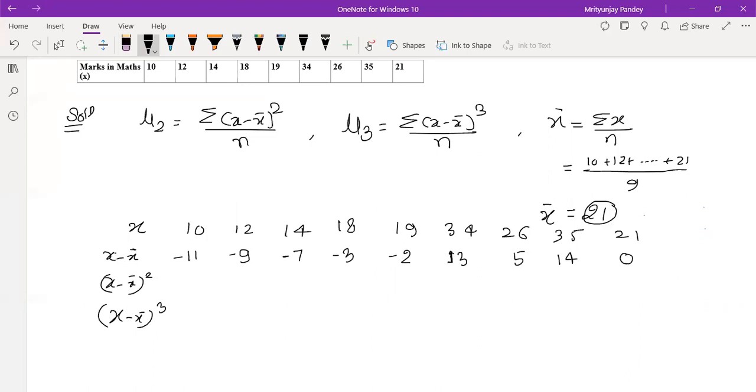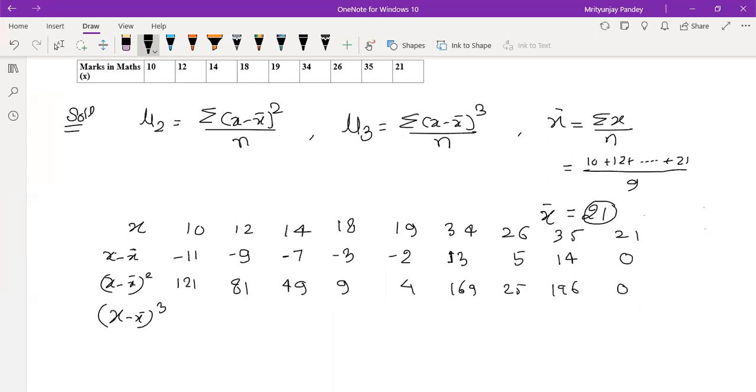Now find the square of x minus x bar. 11 square is 121, 9 square is 81, 49, 9, 4, 169, 25, 196, and 0.